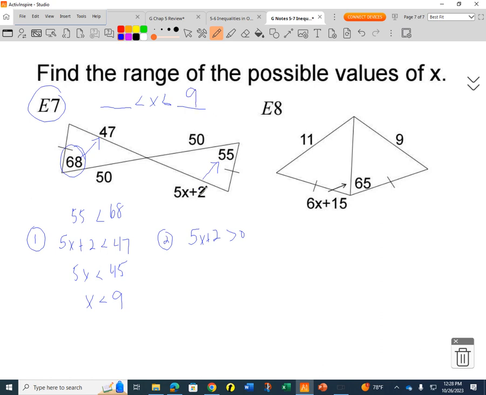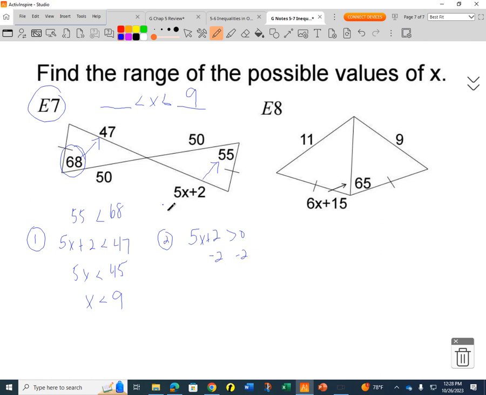My other inequality is 5x plus 2. I got myself flustered this morning and I thought that, oh wait, that can't be a negative. But it can be a negative because we're not talking about the side measure here. We're talking about x, and x is going to be plugged into this expression.